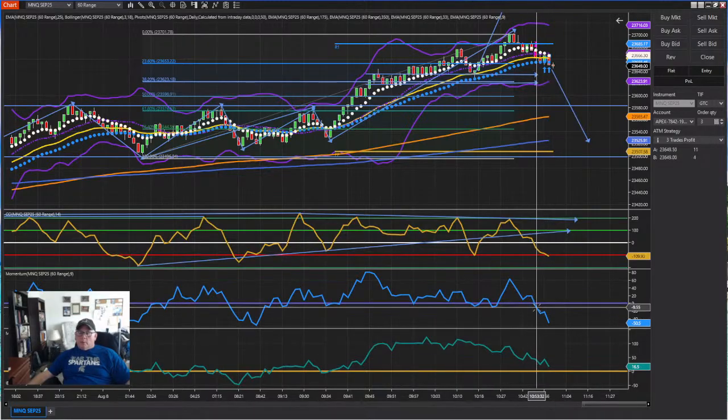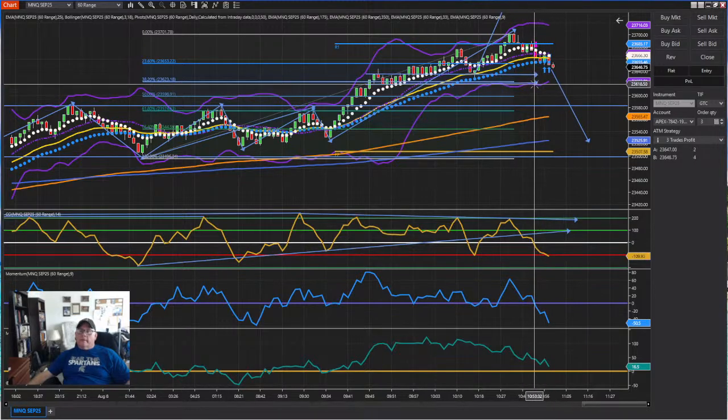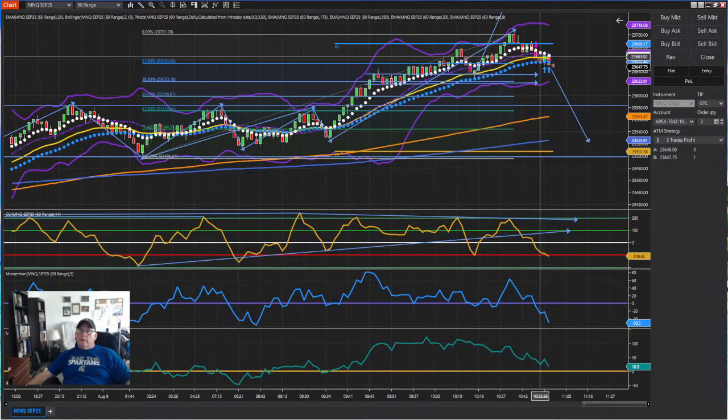Definitely showing us a short here to here, zero line being crossed. So good signal entry point.